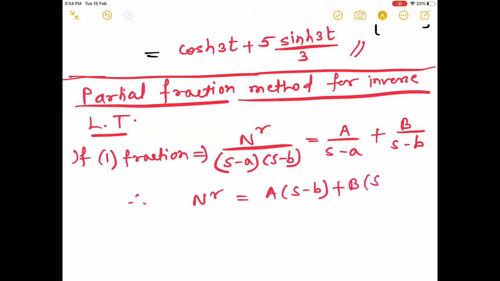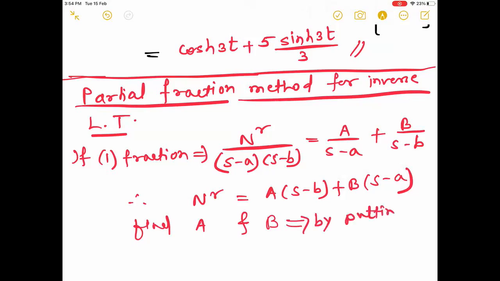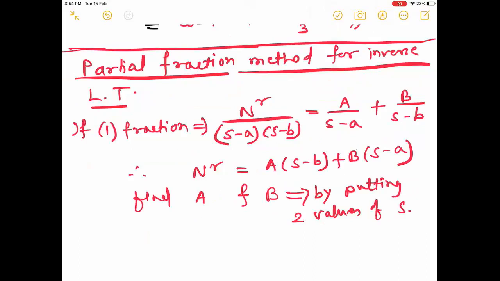Find the values of A and B by putting two values for s. Then you will get the answers for A and B, and the inverse can be applied. That is the procedure.